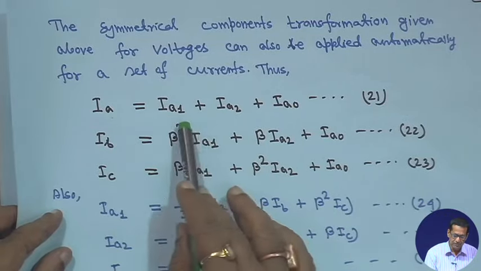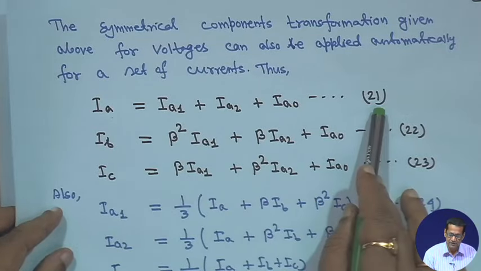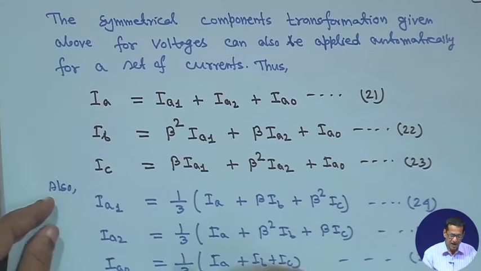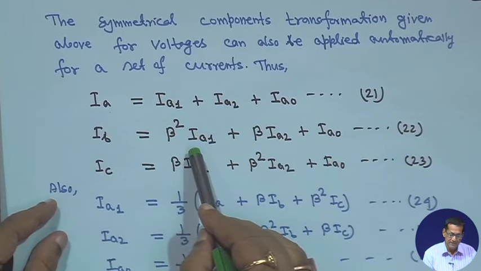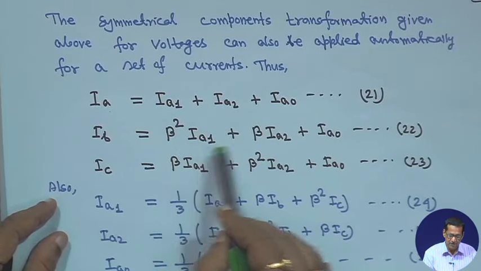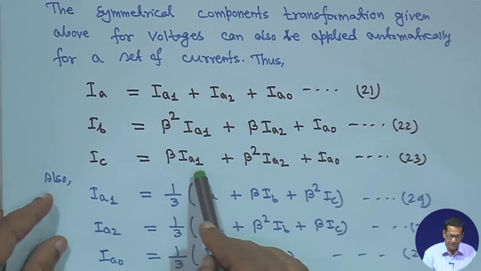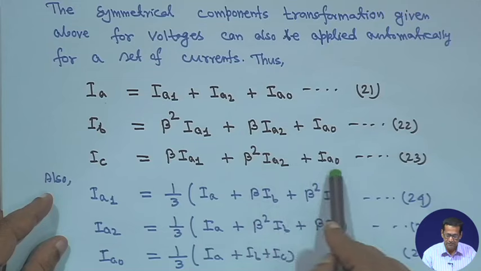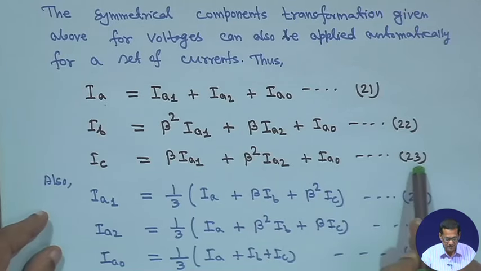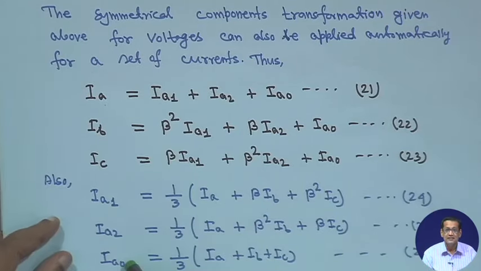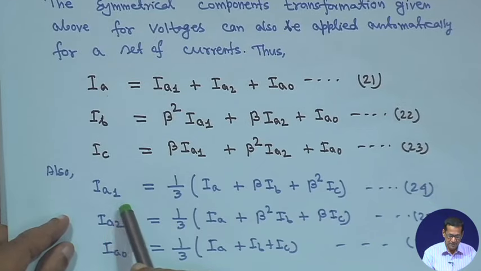Therefore, I a is equal to I a1 plus I a2 plus I a0, equation 21. I b is equal to, same as voltages, beta square I a1 plus beta I a2 plus I a0, and I c is equal to beta I a1 plus beta square I a2 plus I a0. This is equation 23.